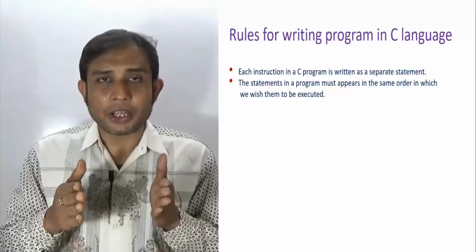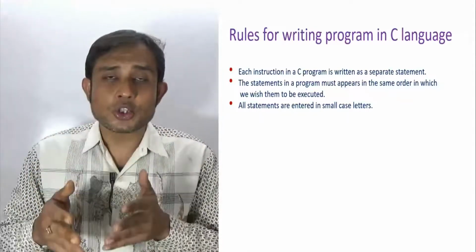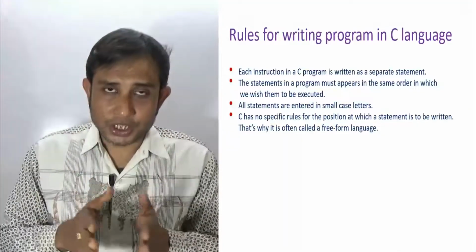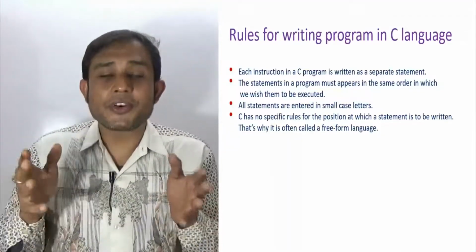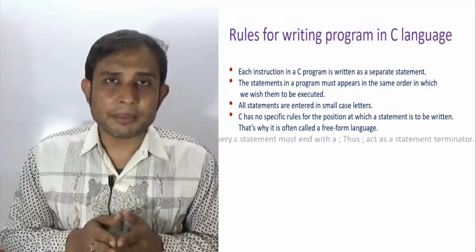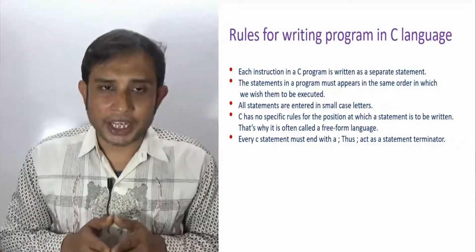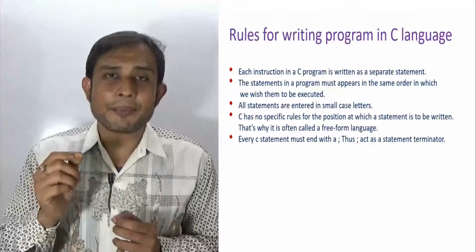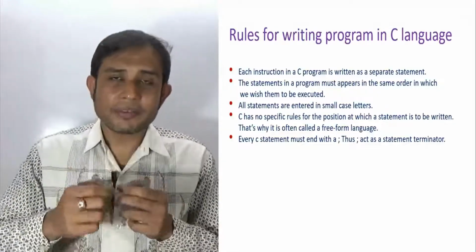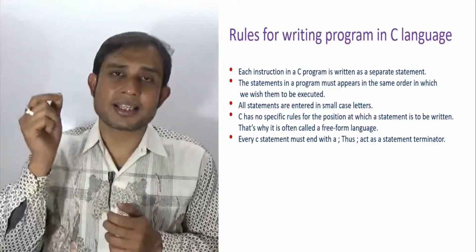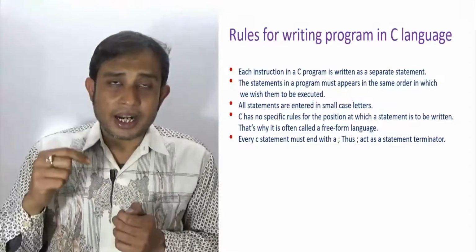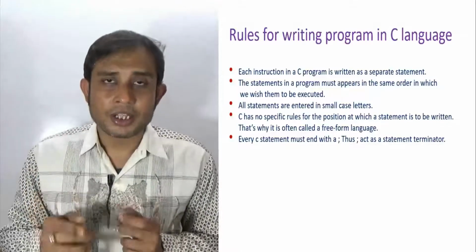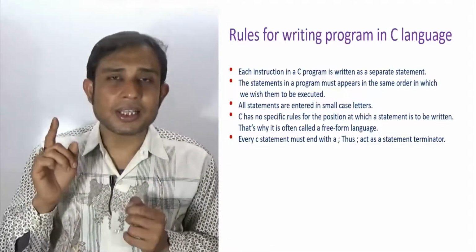As the C programming language has no rules to specify the position of writing a statement, it is known as a free-form language. Every statement must be written in lowercase, and every statement ends with a semicolon, where the semicolon represents a terminator. Whenever the C compiler encounters a semicolon, it understands that the line has ended here. So every line ends with a semicolon.